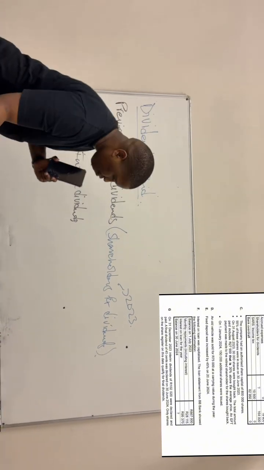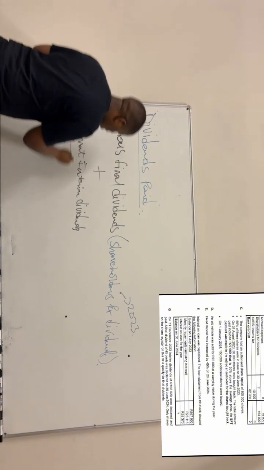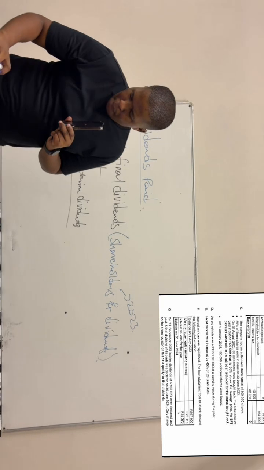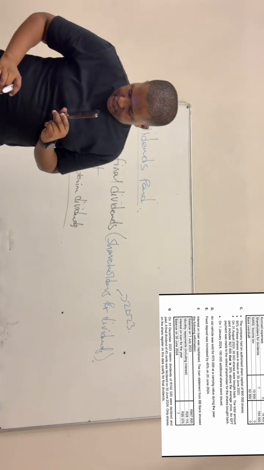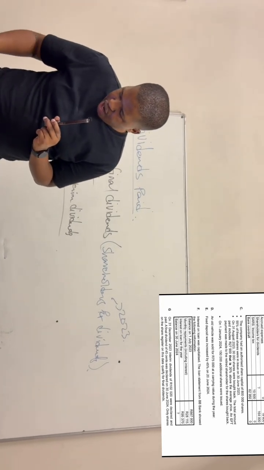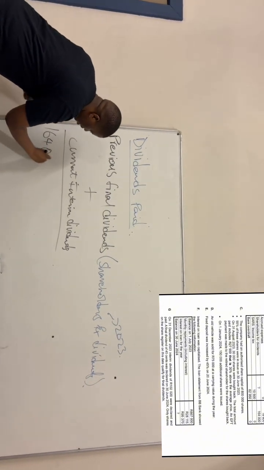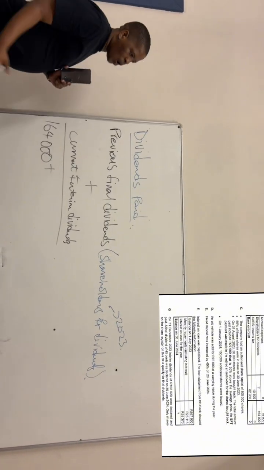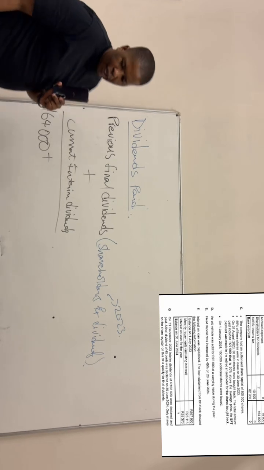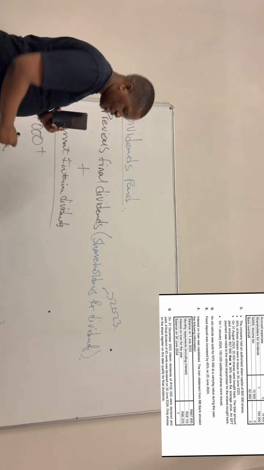We look at our information. We go to information B. How much do we have as shareholders for dividends for 2023? We have 164,000. That is our previous final dividends. Then how much do we have as the current interim dividends?